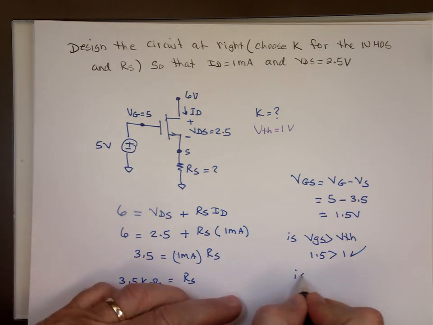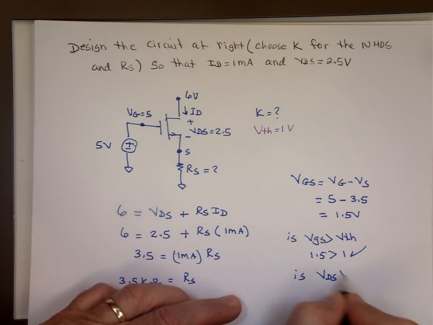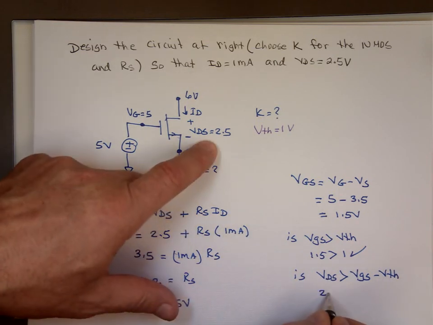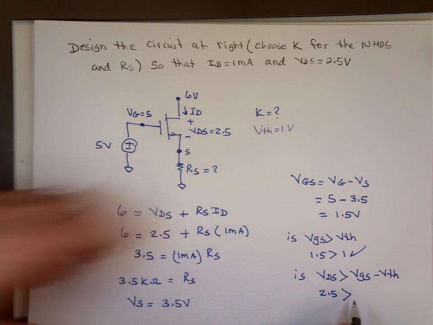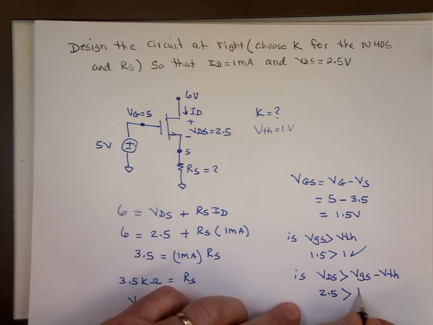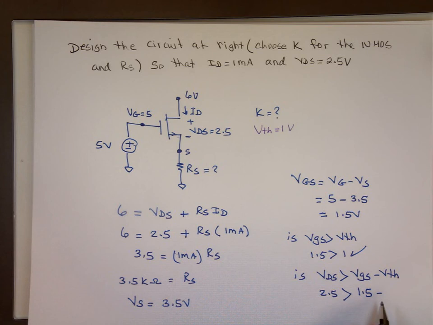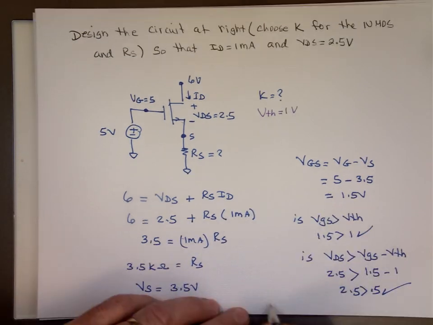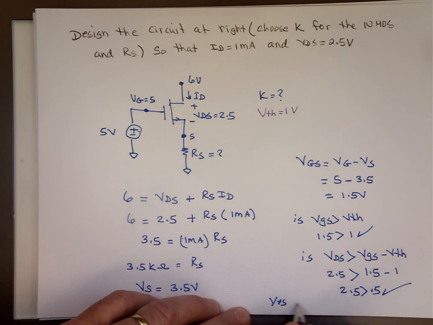Is VDS bigger than VGS minus the threshold? VDS, that was given to you to be 2.5. VGS, we just calculated that to be 1.5. The threshold voltage is what? 1 volt. And is 2.5 bigger than 0.5? That's also a yes. So yes, we have saturation.